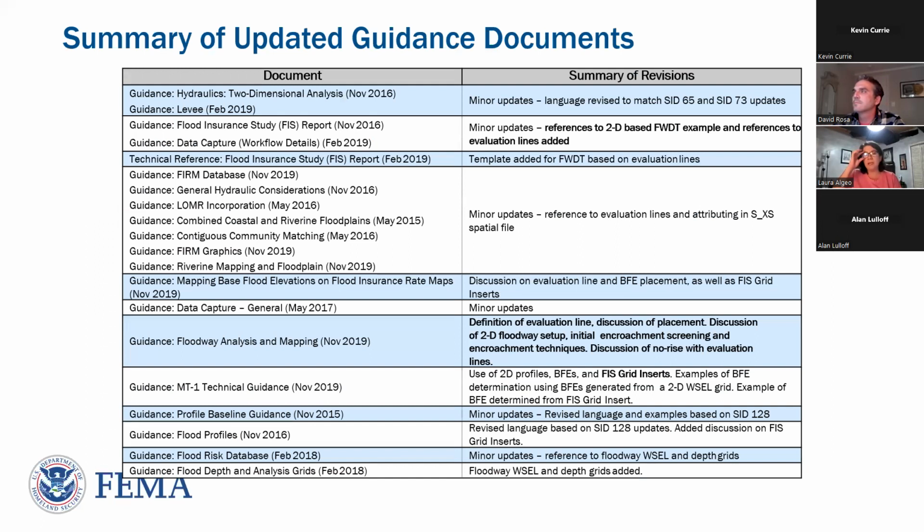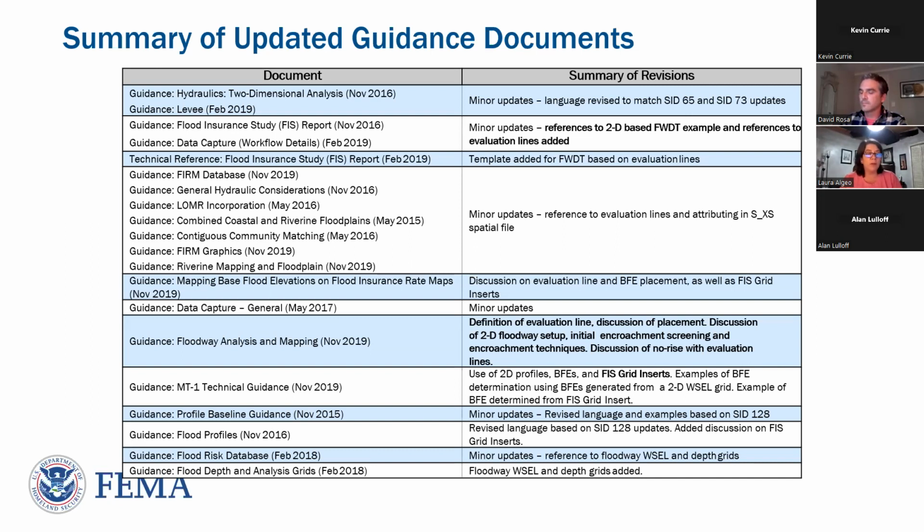We also updated the guidance documents, obviously, to reference some of those changes from the standards, really making sure that we made references to the floodway data table related to evaluation lines and some of the things that need to be in that floodway data table for a 2D model.